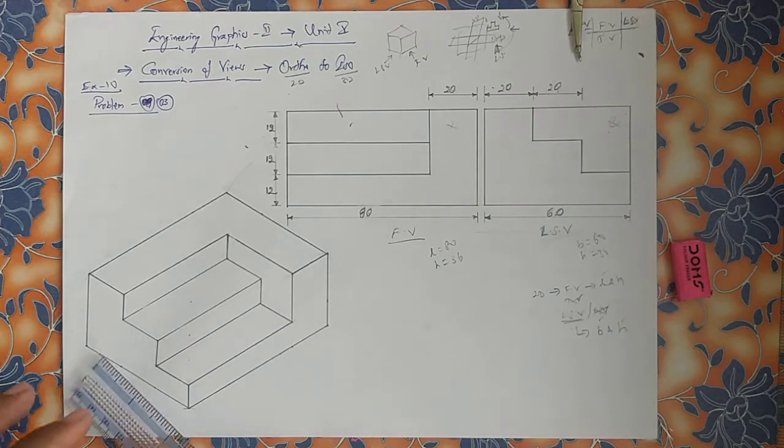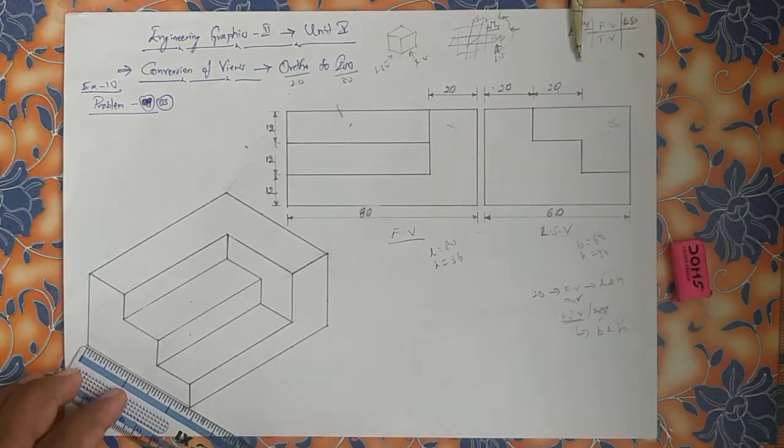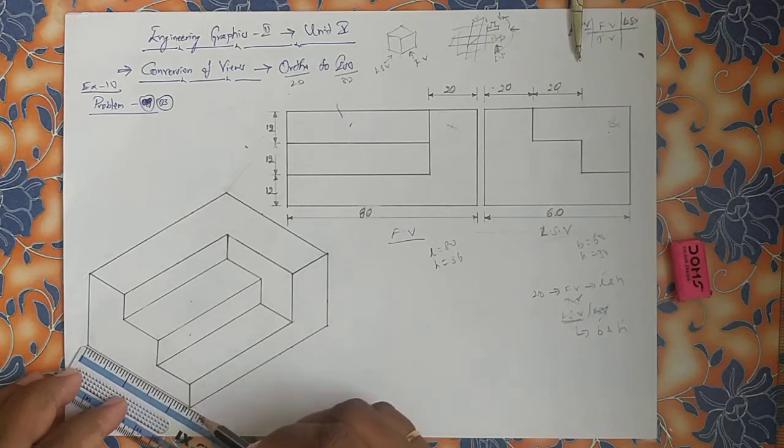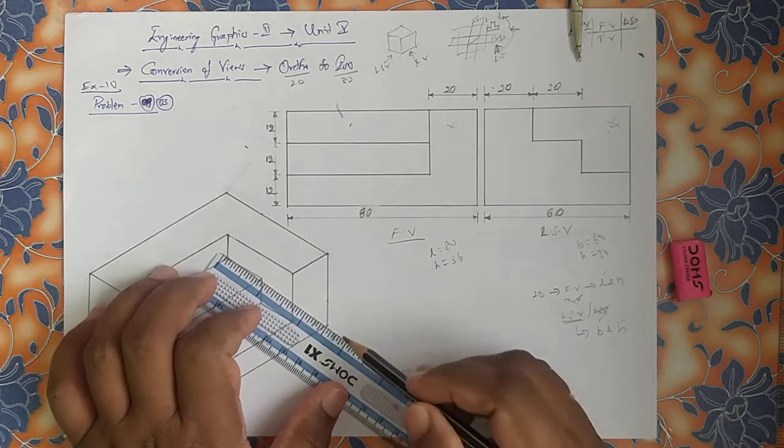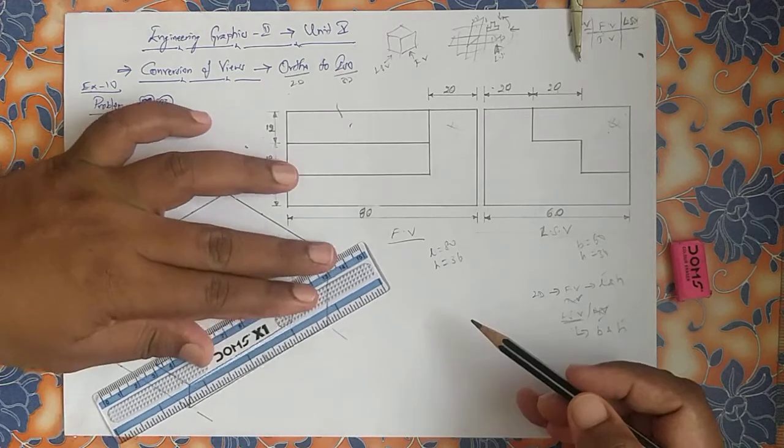So finally, finishing the dimensions. See, dimensions should be aligned. If I have to show the length, it should align to this line and one more line parallel to this line.